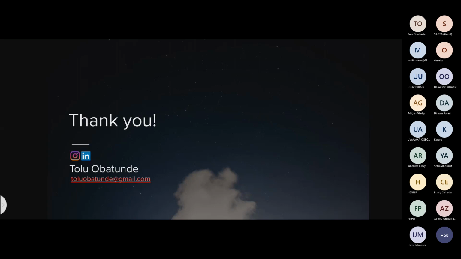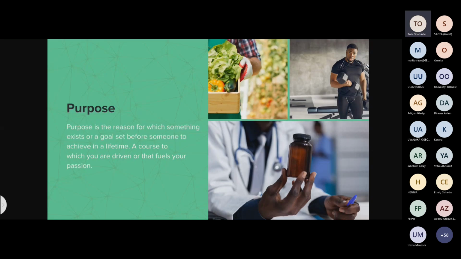So the purpose, I want to reiterate now, is your reason for existence, the goal set before you to achieve in a lifetime, or a cause to which you are driven, and that thing that fuels your passion.